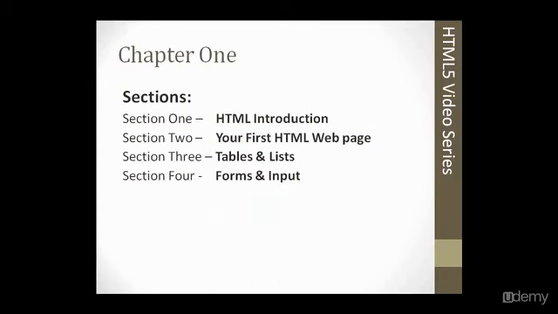So chapter 1, we're going to learn HTML from the very beginning. We'll have the introduction, and we'll learn about certain tags, paragraphs, headings, stuff like that, and how an HTML document is formed with the HTML tags, the head and body tags. And in section 2, we'll actually build a web page, a one-page website, which will have an image.